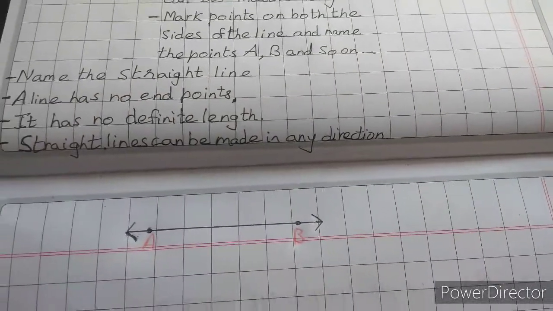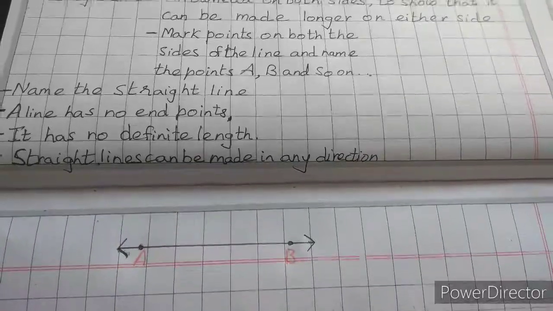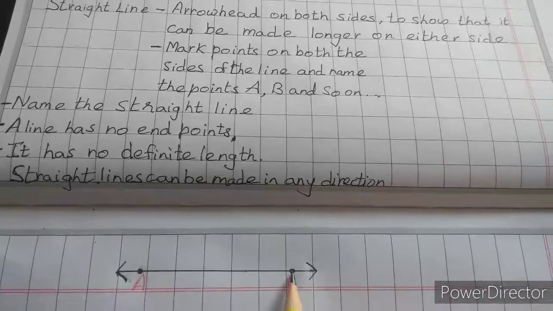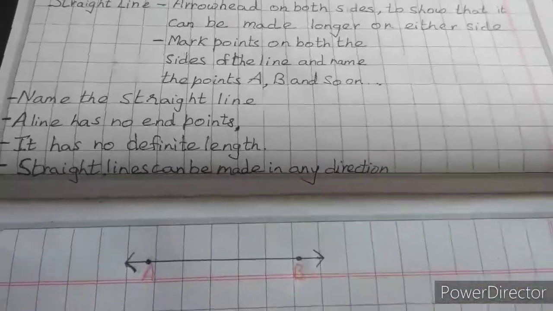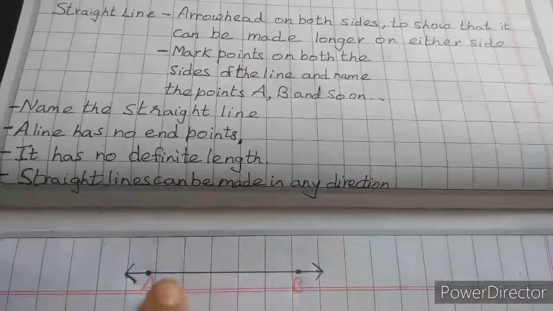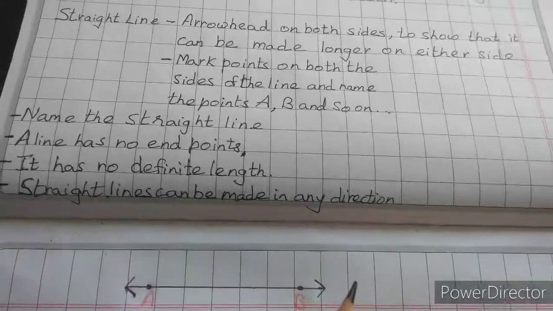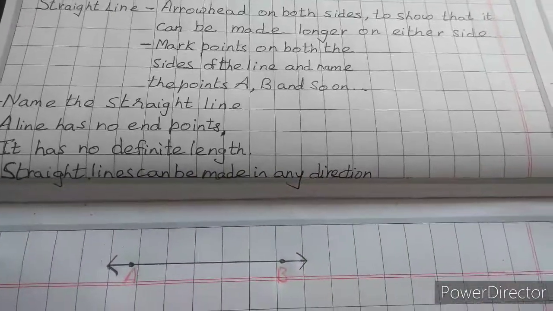So here is the name. A line has no end points. इसके कोई end points नहीं है. It can go longer from either this side or from this side. इसलिए हम इसकी length भी नहीं बता सकते. We cannot tell its length.